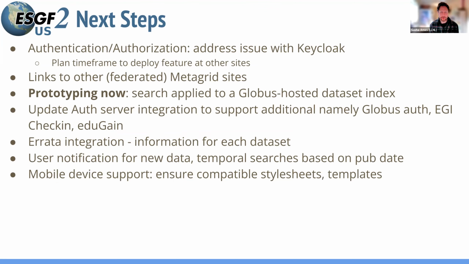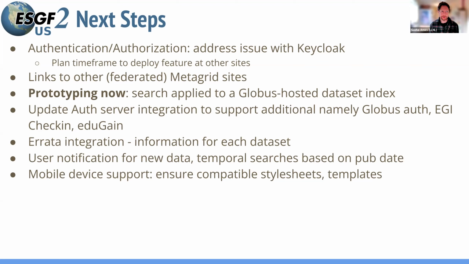If we can do that, then we're able to come up with a timeline and have other sites upgrade from COG to Metagrid, because this will support the restricted data integration, which is key for other projects. While CMIP data and E3SM data have been published open, for instance, Cordex is still restricted data, and we want that to work seamlessly. Once that's the case, then we can have an upgrade plan federation wide.